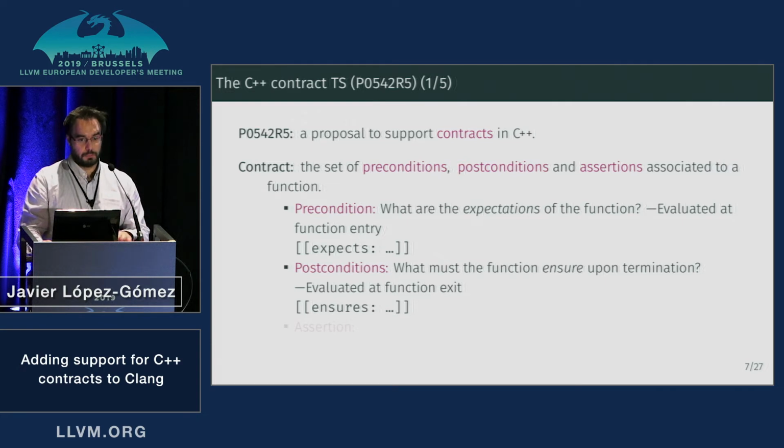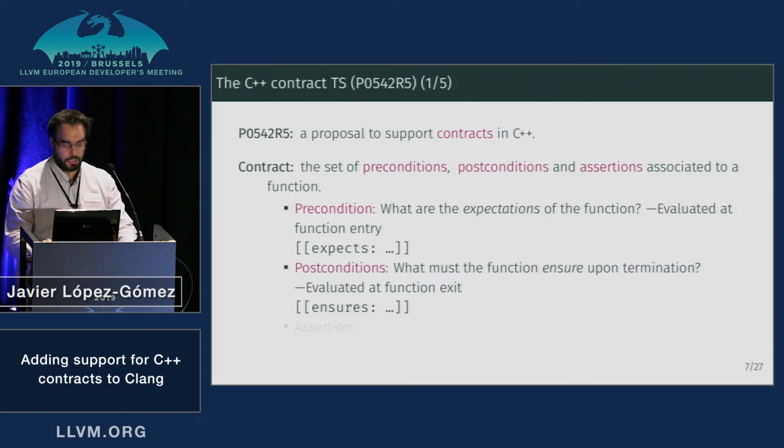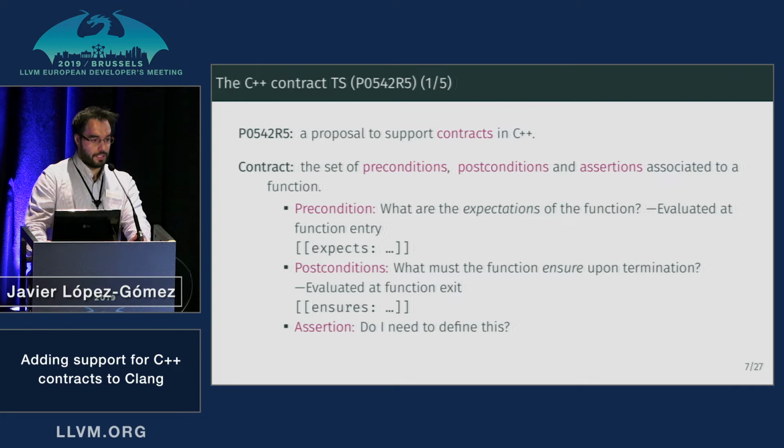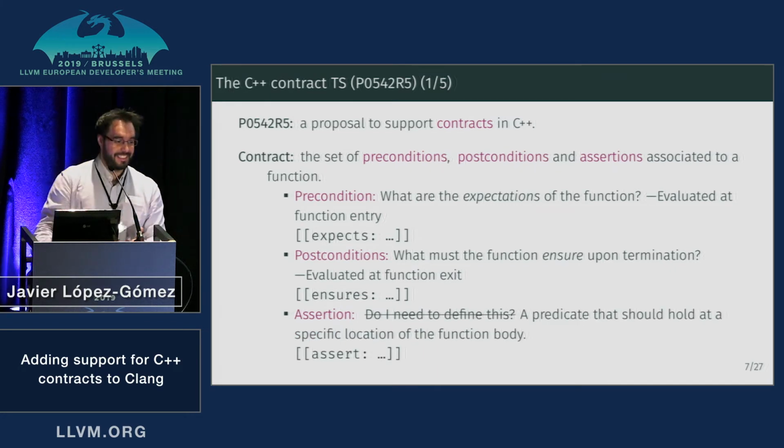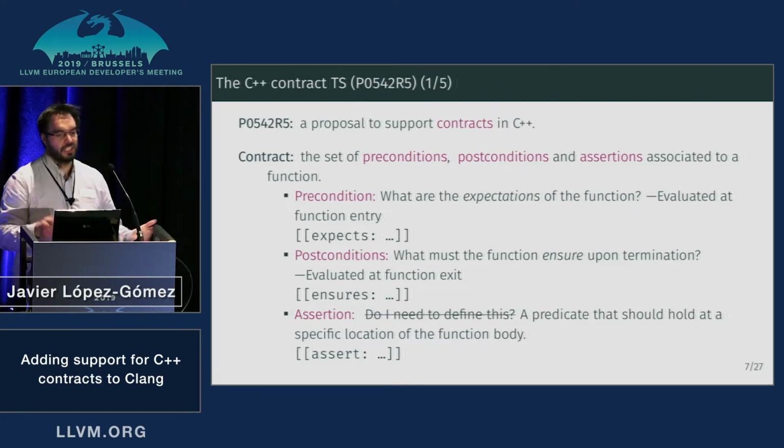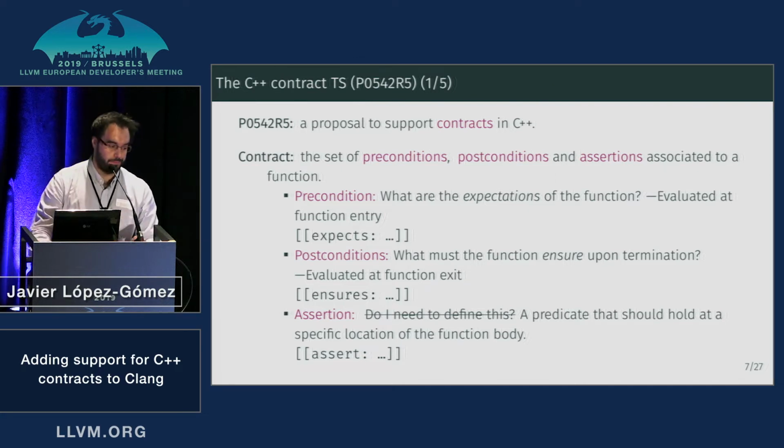Postconditions are expectations at the end of the function, so before returning from that function, and are annotated using the ensures attribute. And assertions. These are annotations that you can use at any point of your function body, much like you use the assert macro.